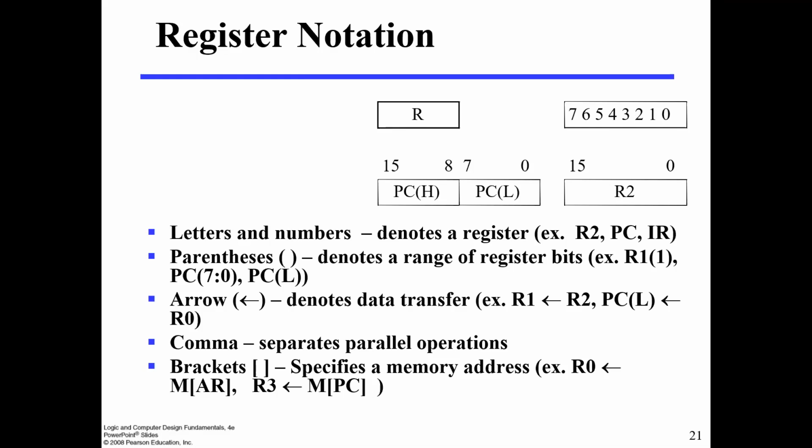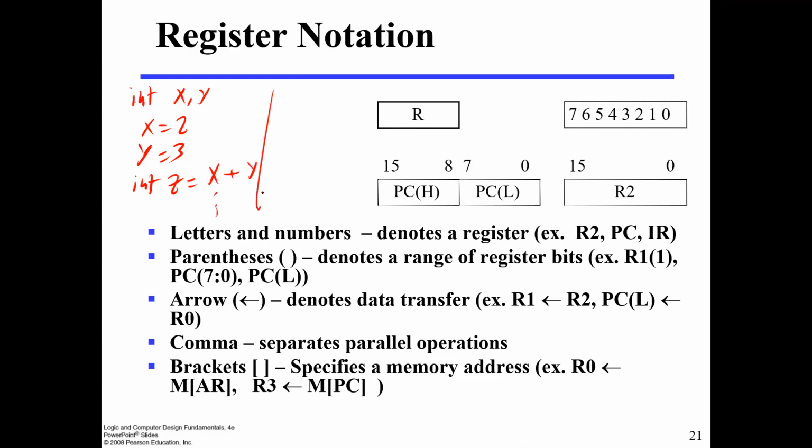In programming languages, when you want to transfer data or do any operation, you need to define a variable, like integer x, for example. You define integer x, integer y, and then you can do all sorts of operations on these variables. You load the value of x, you load the value of y, and then you can define another integer, let's say z, equal to x plus y, and so on.